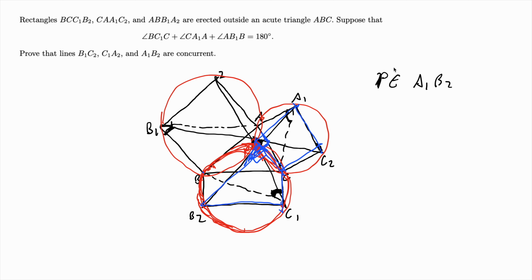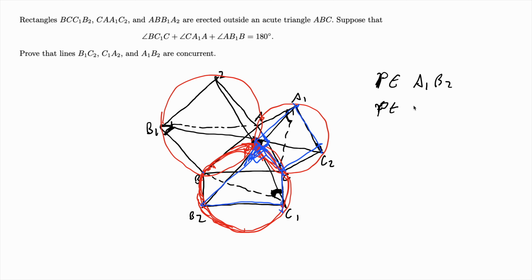Because this is just an example, we can say that without loss of generality, P is on this line. That means it is automatically on the other lines. We don't need to think about other cases, because just think of rotating the triangle and we'll get the same case anyway.